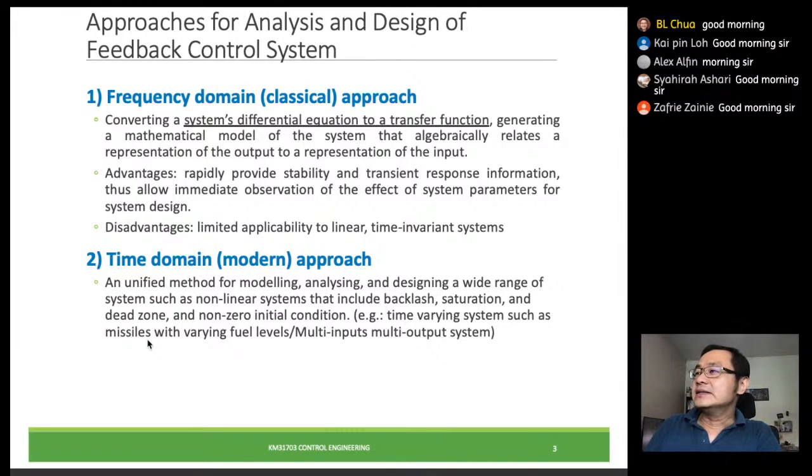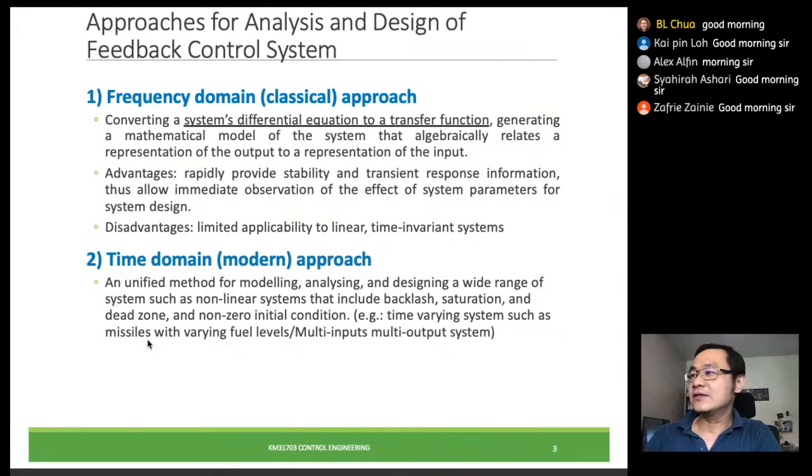Then there is the time domain approach, as we usually see in the form of t, where we have y as a function of time.